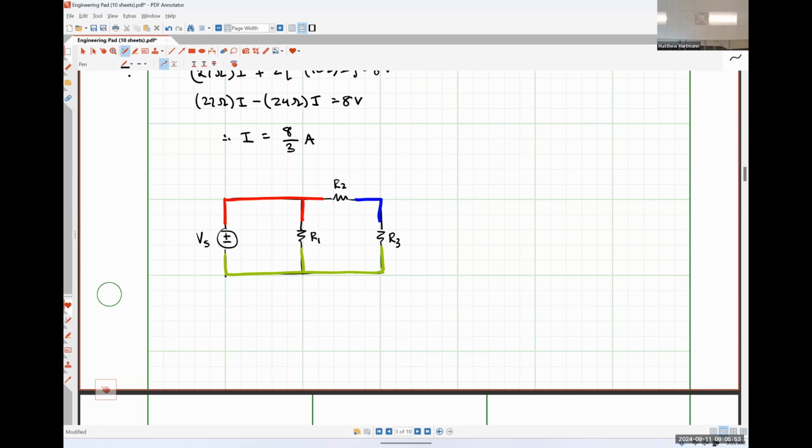They're in parallel. Both elements share the red node on top and the green node on bottom. So our voltage source Vs and the resistor R1 are in parallel. Okay.